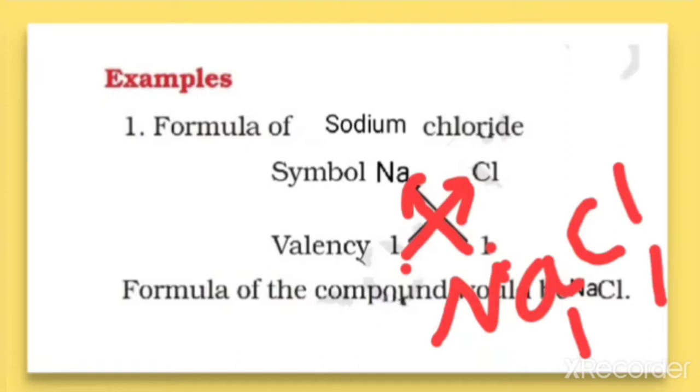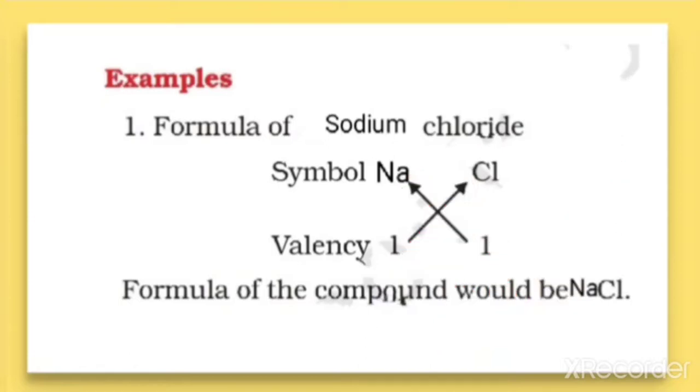As I told you, the number 1 need not be written, so better you rub out this number 1. What did you get here? NaCl. So what is the formula for sodium chloride? It is NaCl.